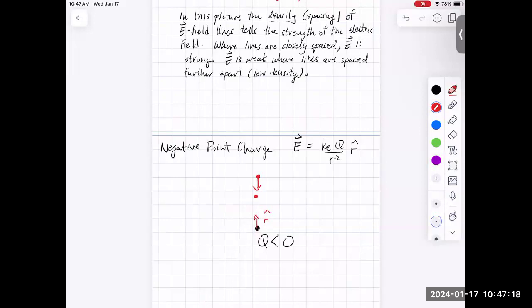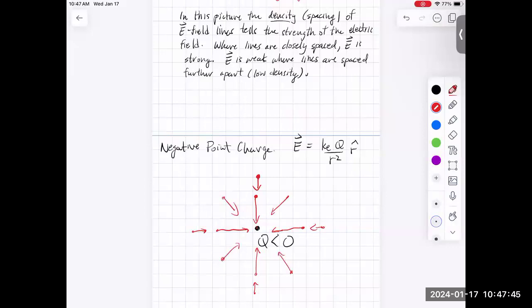So I divide by a smaller number, and I therefore get a stronger electric field. We would get an electric field that looks something like this for our negative point charge. I'll draw just some of these; I won't draw a million of them.